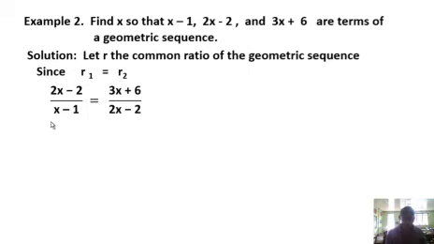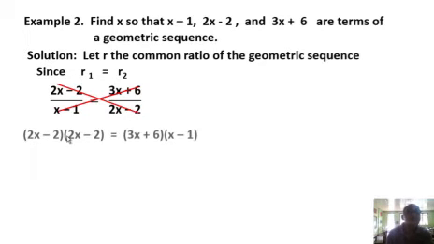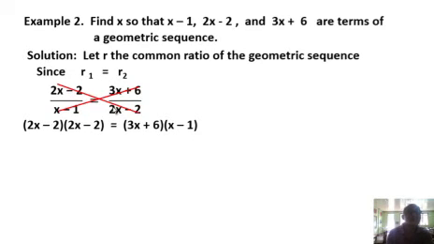Let us solve for x in this equation by cross multiplying. So 2x minus 2 times 2x minus 2 equals 3x plus 6 times x minus 1. Simplify. Distribute. So 2x times 2x is 4x squared. 2x times negative 2 is negative 8x.